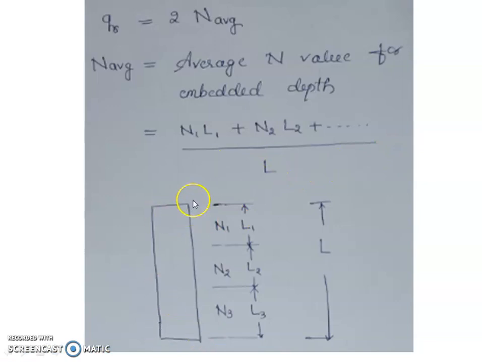So here in this figure we can see a pile which is embedded for length L. The values of N1, N2, N3 for the respective depth will be given in the problem. So we will have to substitute the values of N1, L1, N2, L2 and so on to find the average value of N. So N1 represents the SPT value for length L1, N2 is the SPT value for length L2 and so on.